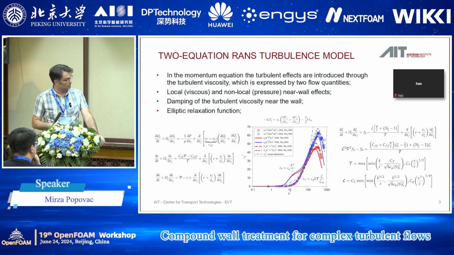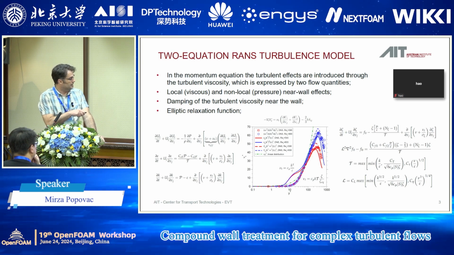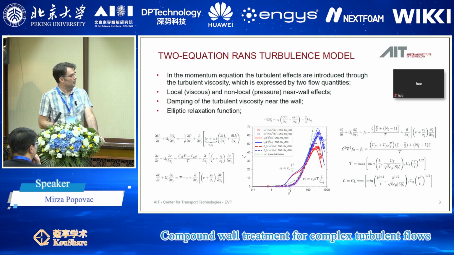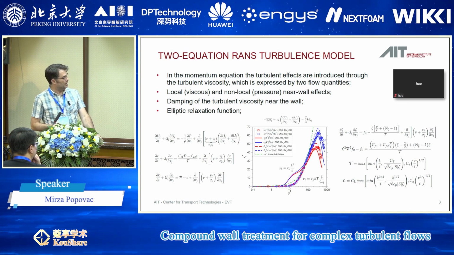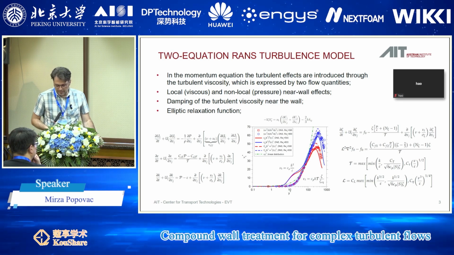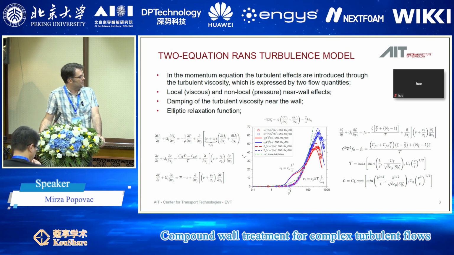is, as you see on the graph, plotted as symbols, what eddy viscosity should be in the fully developed turbulent boundary layer, taken from DNS, and the solid lines is what is defined from k-epsilon.